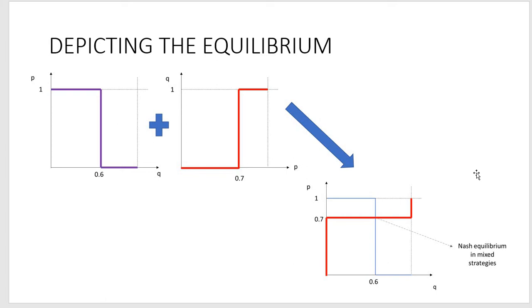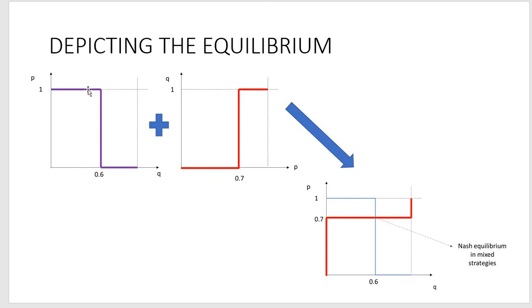So as a result, at the intersection of the two best response functions of these players, we have a Nash equilibrium, by definition, because Nash equilibrium occurs when two players play their best strategies.